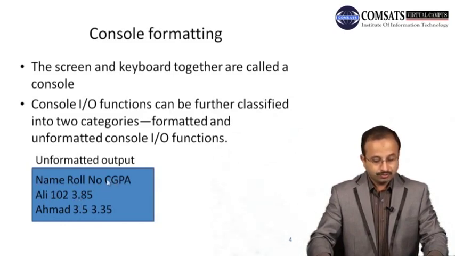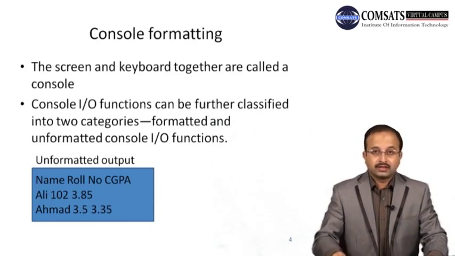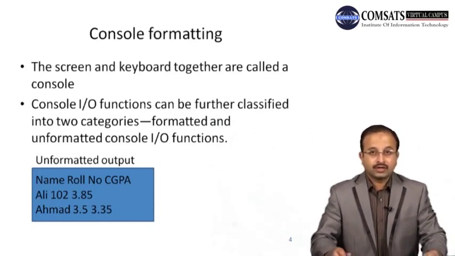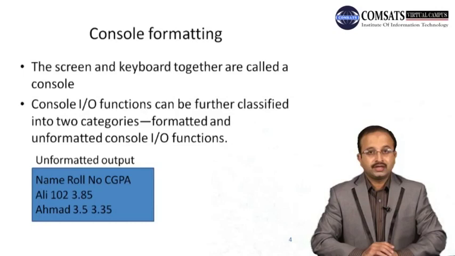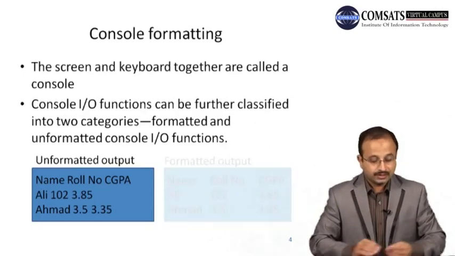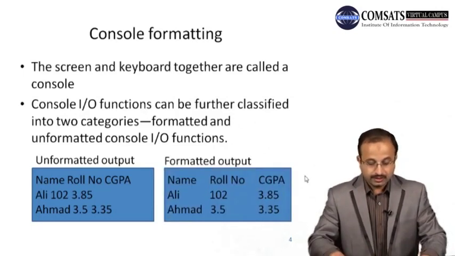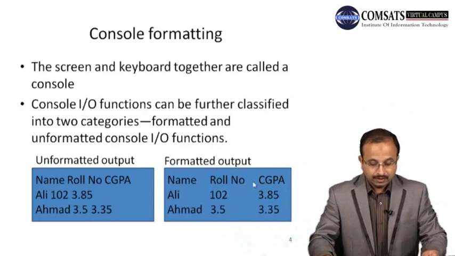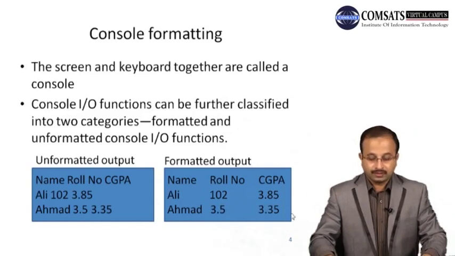Now this CGPA should be under the CGPA heading. Similarly, the roll number should be under roll number, and the name under name. The name is under name, but the roll number and CGPA are not coming under their headings. Okay, so the formatted output is like this. Now this is a very formatted output, and you can clearly read everything in it, right?